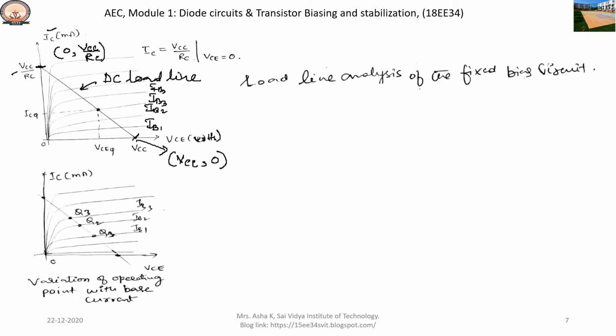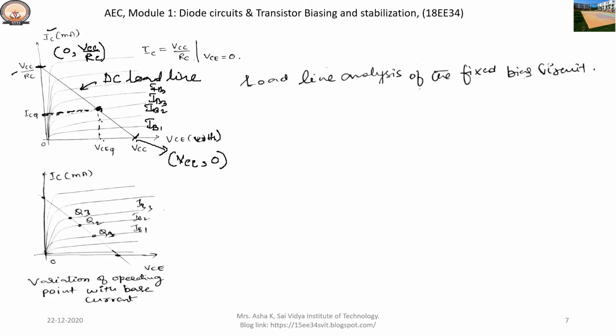Now we are going to understand the variation of the Q point or the operating point with respect to different parameters. The Q point upon the DC load line, a point, the VCEQ value and ICEQ value are joined.